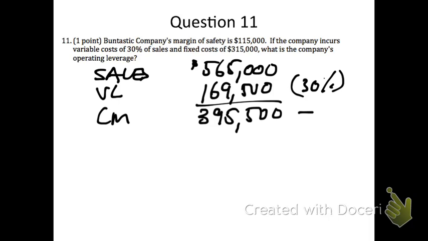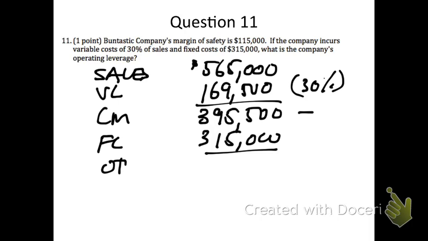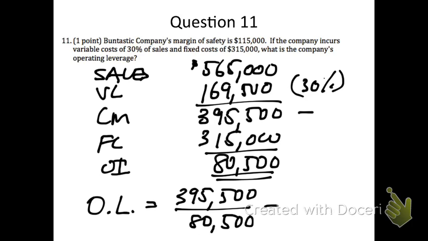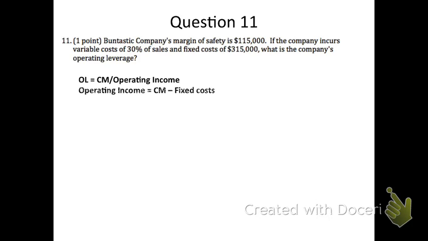That's one of the inputs we need, and then we subtract fixed costs of $315,000 to get operating income, which is $80,500. So operating leverage is $395,500 divided by $80,500, which turns out to be 4.91. And you'll see that on the next slide.